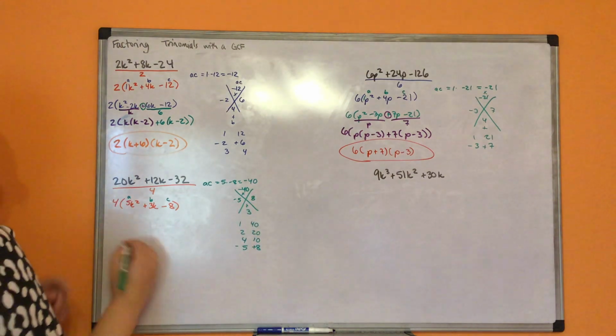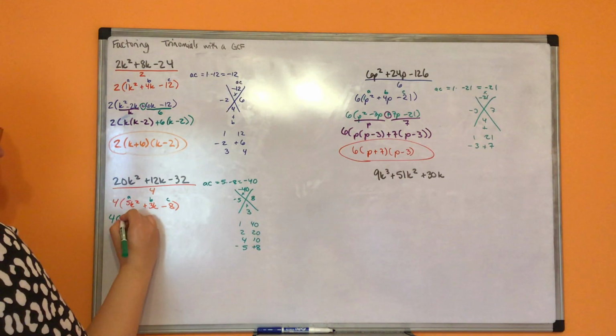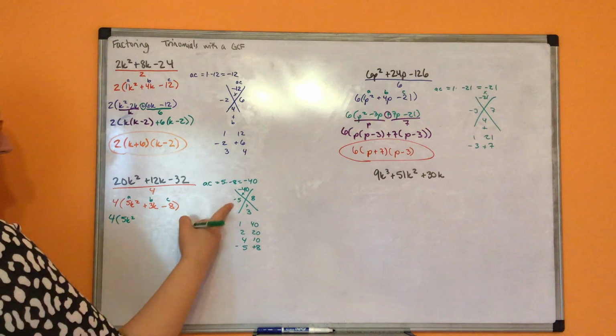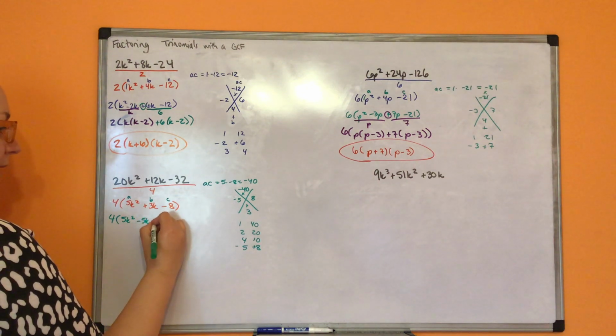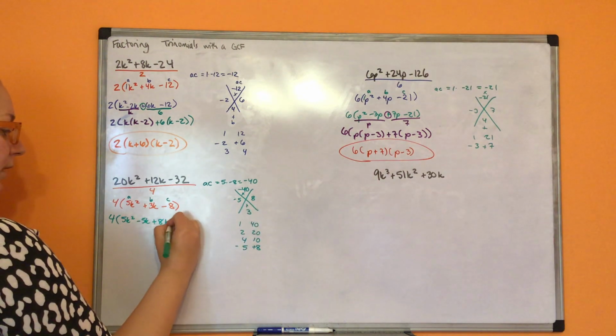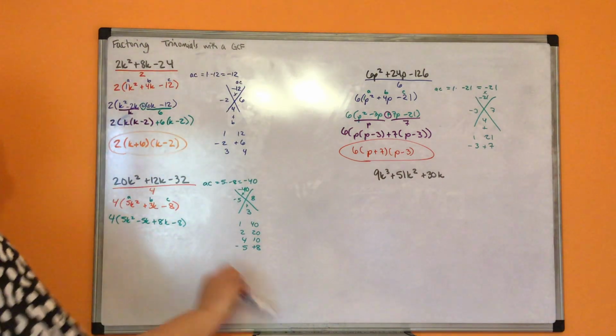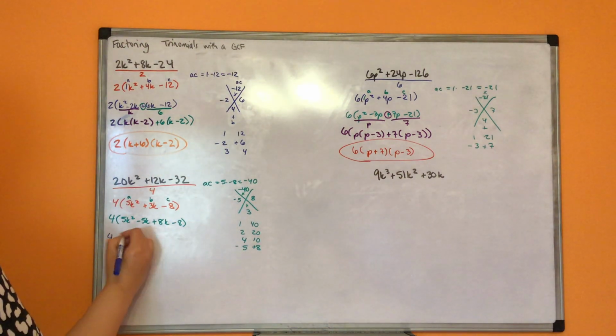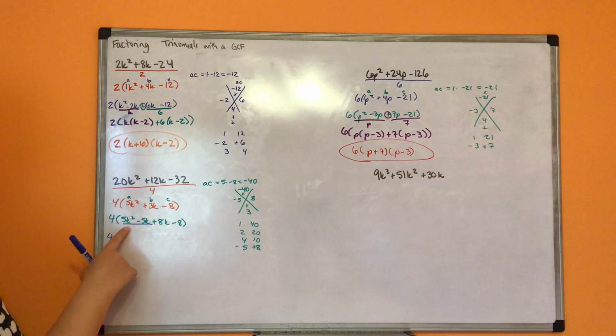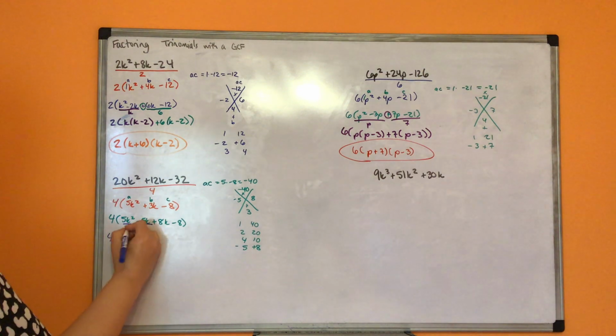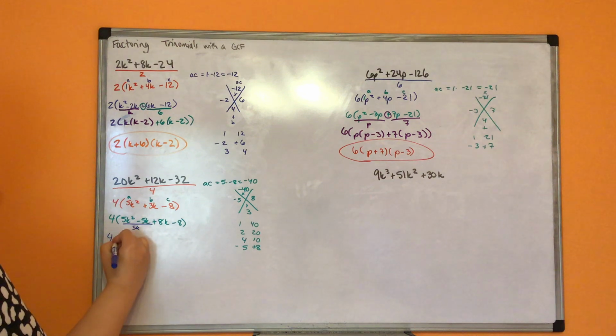So now let's rewrite this. GCF 4 stays in front. Becomes 5k squared minus 5k plus 8k minus 8. Now let's do our factoring by grouping. So again, GCF 4 stays in front. GCF of the first half is 5k.